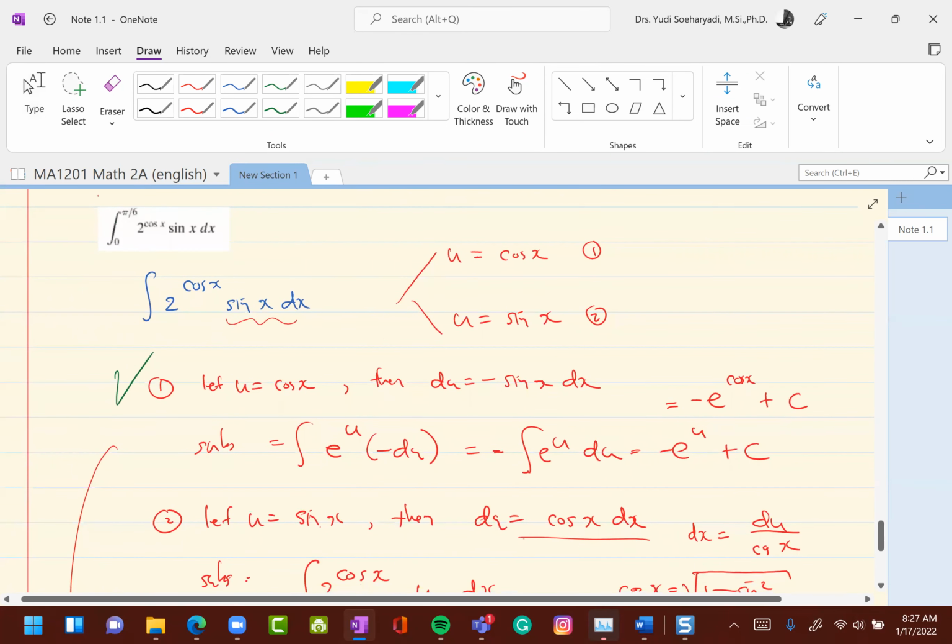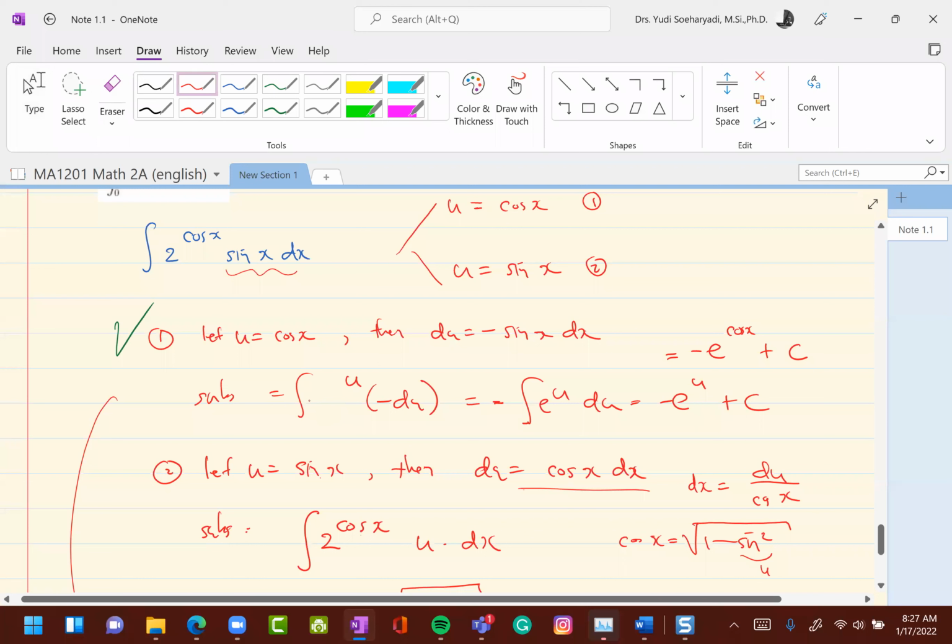You're correct. I thought that was the problem. So this is 2, and the integral should be multiplied by ln of 2.